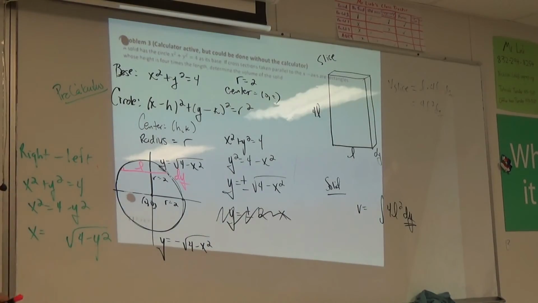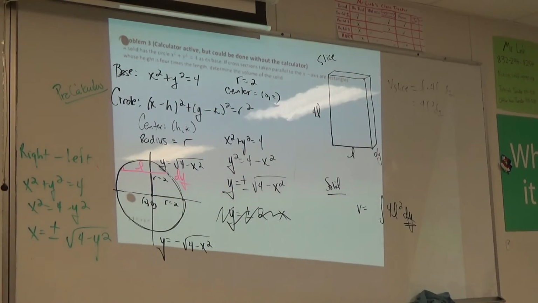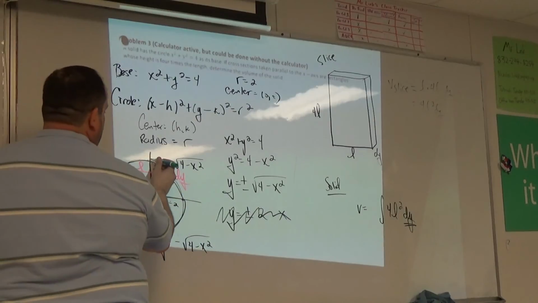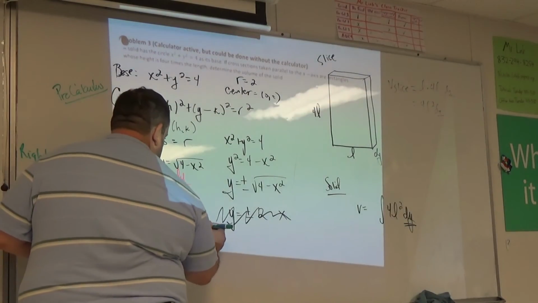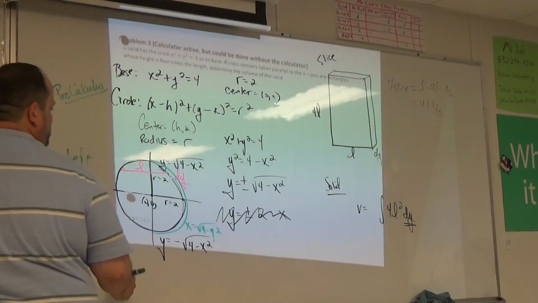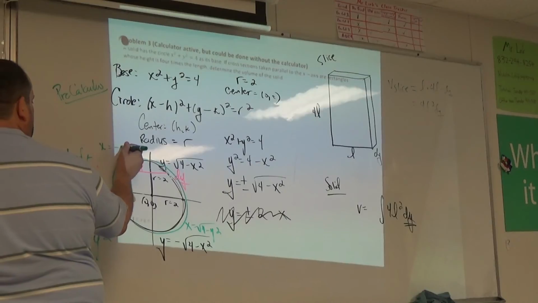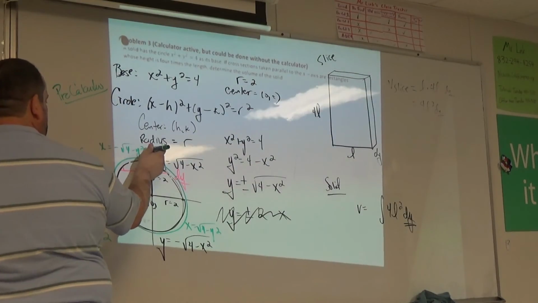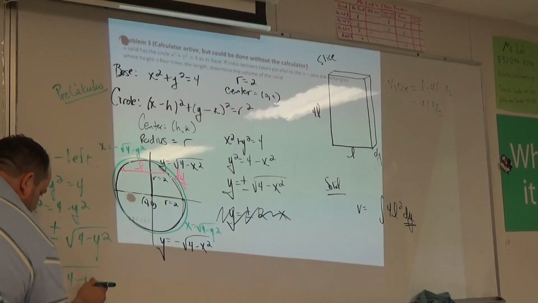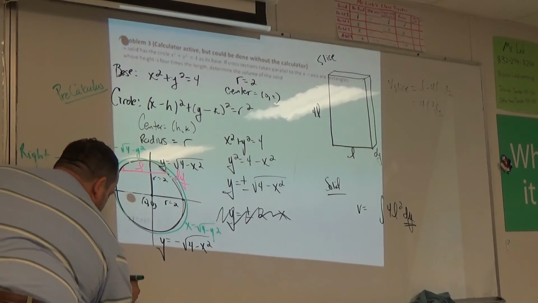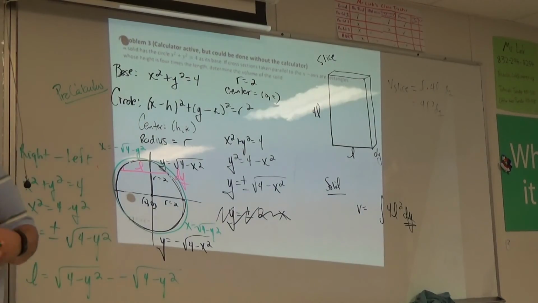Hold on, though, I'm hearing the mistake happen again. It's plus or minus. The positive is the right half of the circle: x is the square root of 4 minus y squared. The negative is the left side of the circle, so it's negative square root of 4 minus y squared. L is the square root of 4 minus y squared minus the negative of the square root of 4 minus y squared.